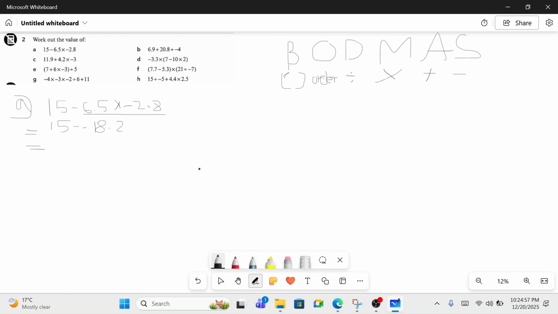Now again solve for 15 minus minus 18.2, which should give an answer of 33.2, since 15 decimals are not acting with 18 decimals. Next up is question number B.